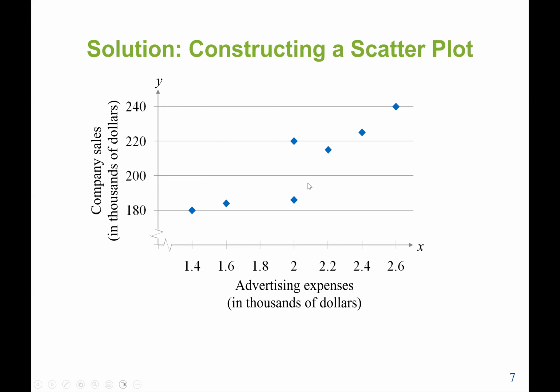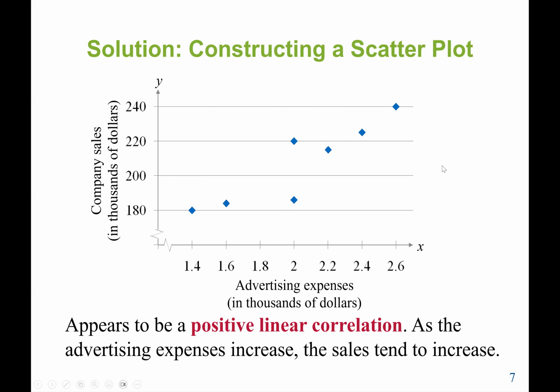When it's somewhere around 0.7 or 0.6, it's still an increasing and linear relationship, but some of the points will not be on the line. So by looking at this again, we can say there's an increasing relationship. Here we say it appears to be a positive linear correlation because as the advertising expenses increase, the sales tend to increase also.